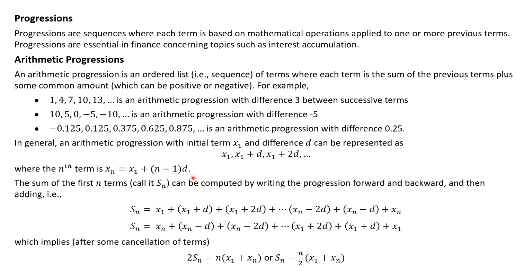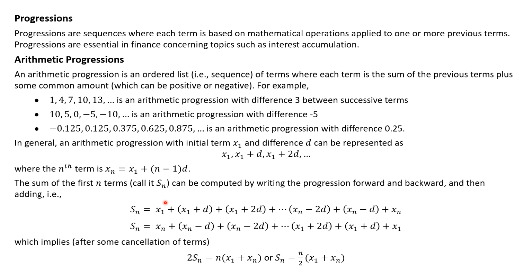We can also compute the sum using a trick. We call it S sub n, and we list the first n terms here. So x1, x1 plus d, and so forth, and this is x sub n, and then this would be x sub n minus d, and going in this direction. And then we just reverse the order, and so it's the same sum here, but in the opposite order.